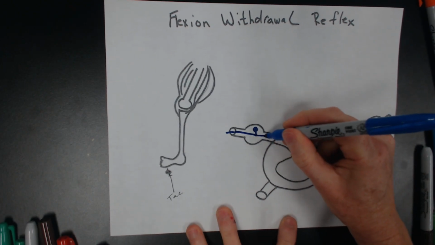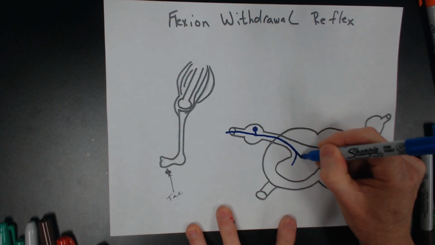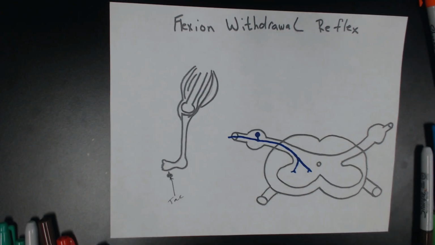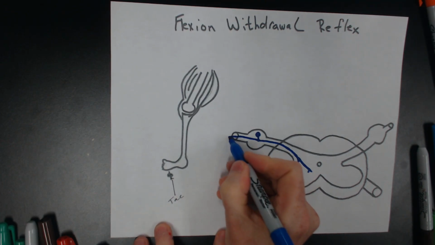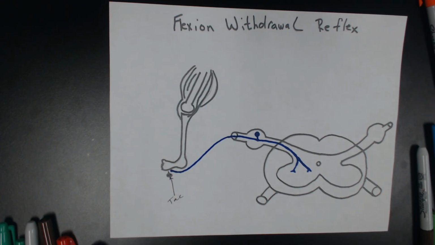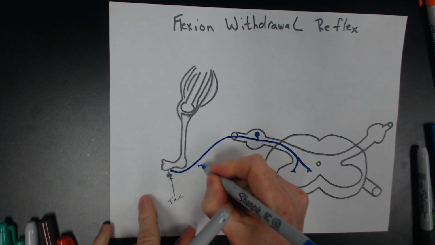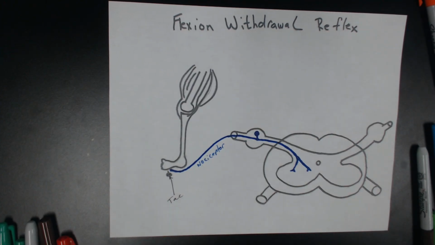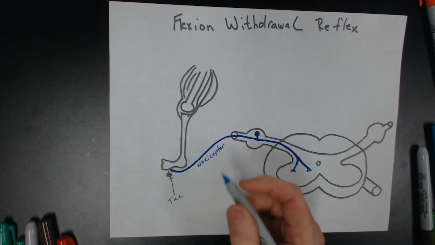It's going to come in, come down, and bifurcate. The tack is going to be felt as pain when you tread on it, and that is a nociceptor, N-O-C-I-C-E-P-T-O-R. A nociceptor detects pain.